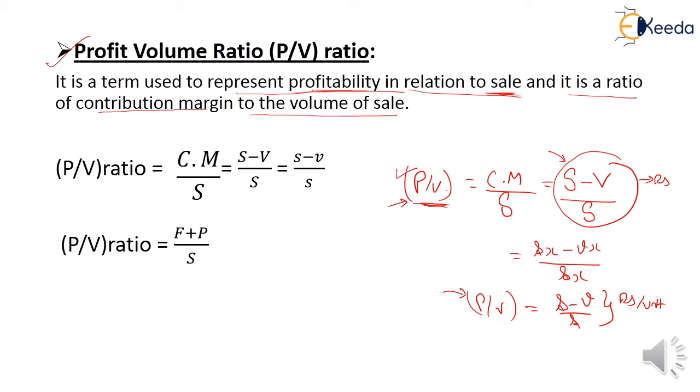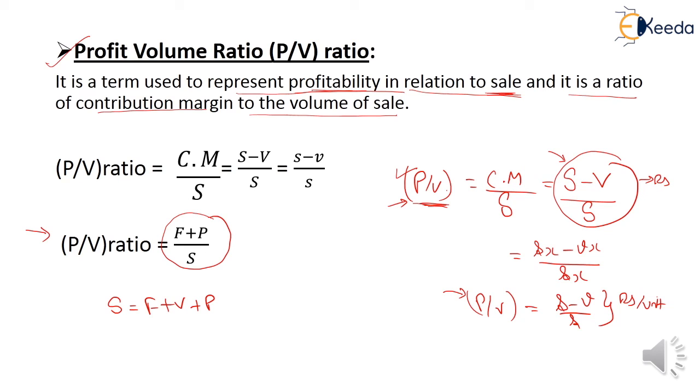Okay students, see here what a PV ratio is, or in another way we can write PV ratio as F plus P upon capital S. Look here. In the previous slide, we discussed that at the break even point the total selling cost is nothing but the total cost plus profit: fixed cost plus variable cost plus profit.